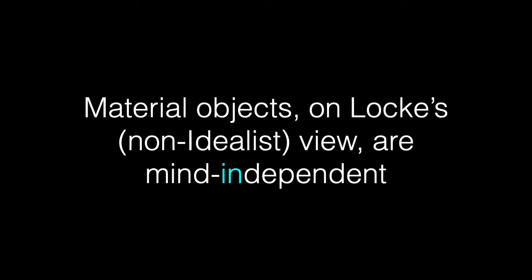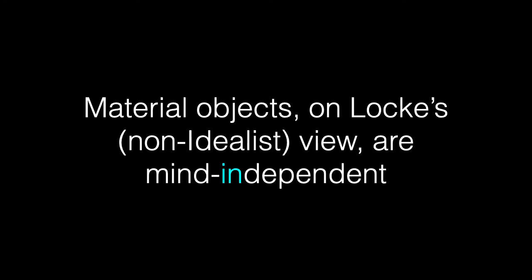Why? Because objects are not like ideas. Only ideas are like ideas. What does he mean by that? For one thing, ideas are fully mind-dependent, meaning that if you don't have a mind, you don't have ideas. Ideas are 100% reliant on a mind for their existence. But that's not true of material objects, at least on a non-idealist picture of the world.